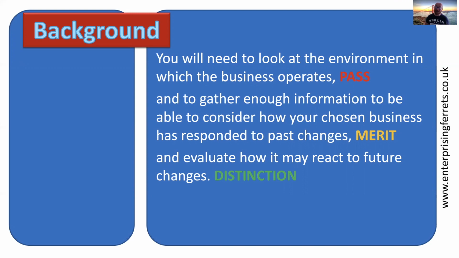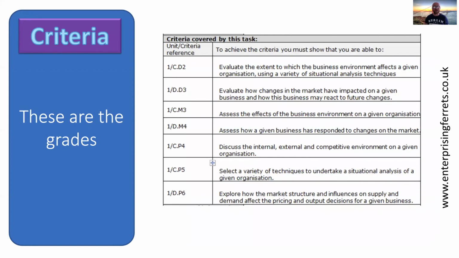And for the distinction, you're going to evaluate, so come up with your own opinions and your own judgments as to how it may react in the future to different changes in the environment. These are the different criteria that you will be looking at in parts C and D. You can see that we've got 3 pass criteria, P4, 5 and 6, 2 merit, M3 and M4, and 2 distinction, D2 and 3.